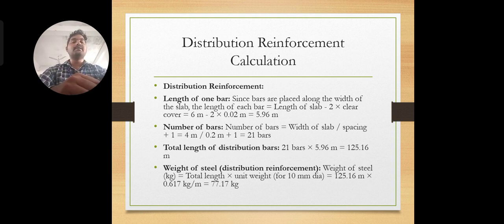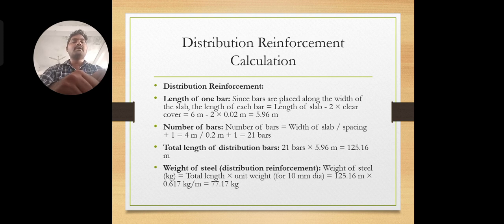As per the problem statement, the length of the slab is 6 meters minus 2 into the cover, which is 20 mm on all sides, so we convert it into meters. Therefore 6 minus 2 into 0.02, that is equal to 5.96 meters, the length of the 1 bar.